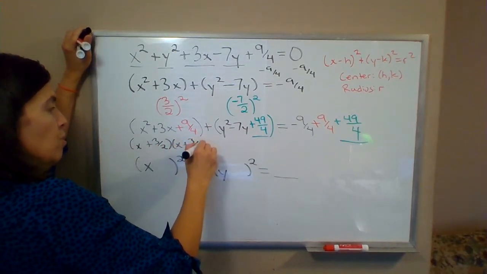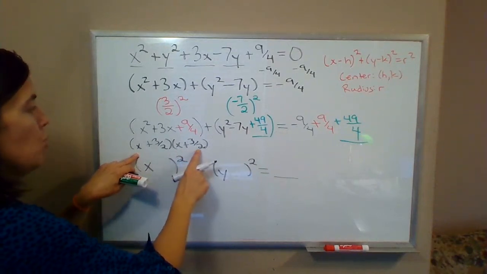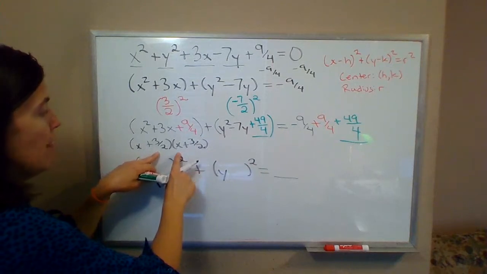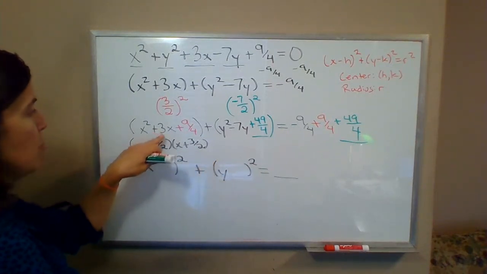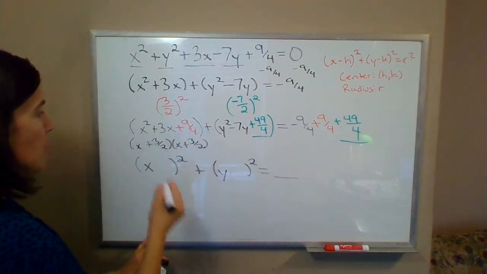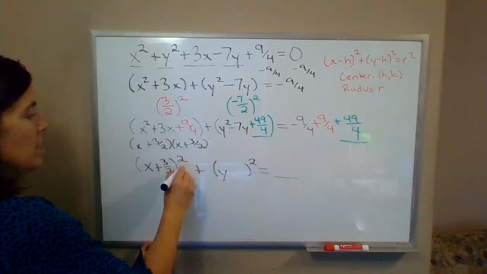Because notice, if we double check this by FOILing, you'll have x squared plus 3/2 x plus 3/2 x. When you add those together, you'll have plus 3x. And then 3/2 times 3/2 gives us 9/4. So this factors as (x plus 3/2) quantity squared.